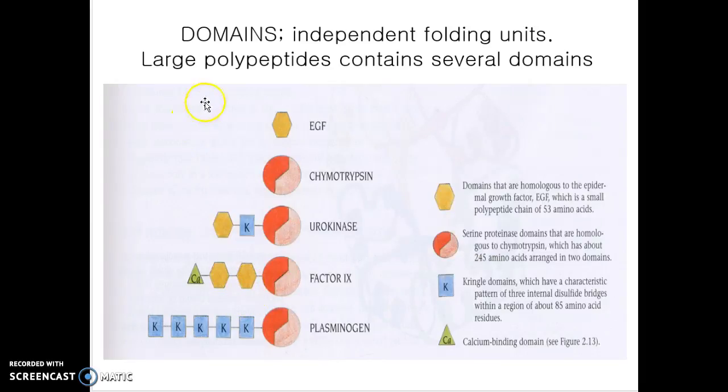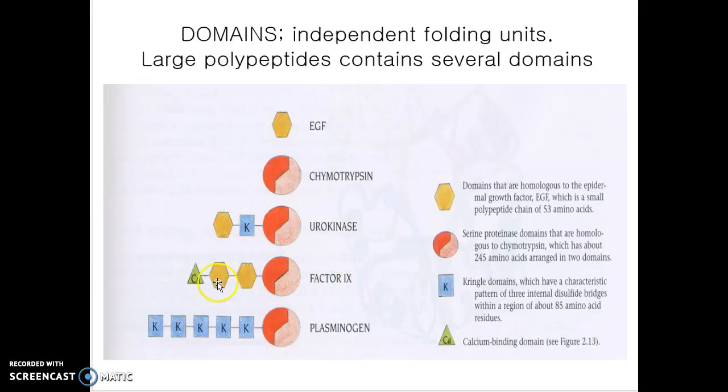Next level will be the domain. A domain could be defined as an independent folding unit. This indicates domains could be present alone. Okay, EF hand has a single domain, but urokinase has 3 domains.